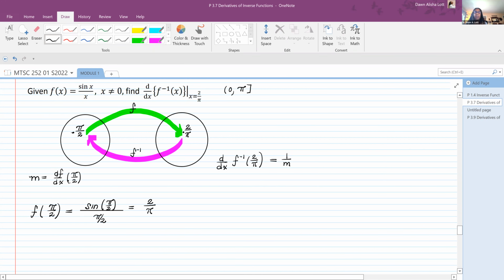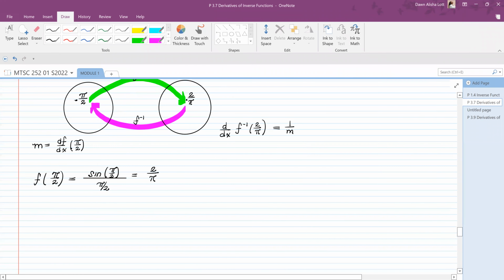Okay, does everybody see what happens here? So in order to find the derivative of the inverse function evaluated at 2 over pi, I know that's going to be 1 over m, where m is equal to the derivative of the original function at pi over 2. Okay, so that means we need to find that.